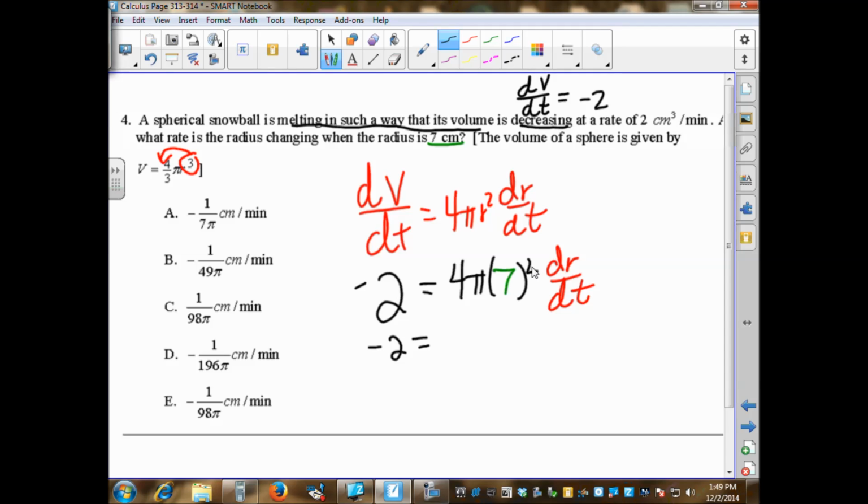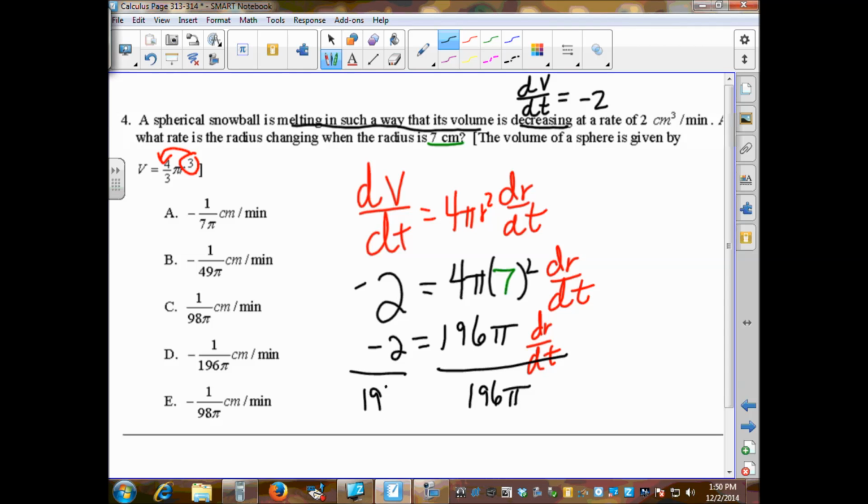7 squared is 49. 49 times 4 is 196. That cancels. And then here, 2 will go into itself once.